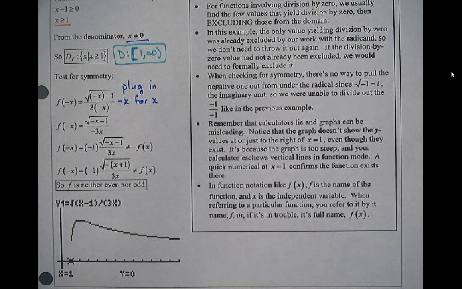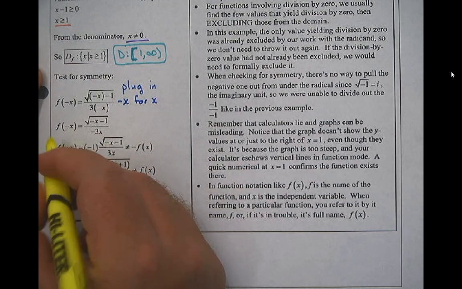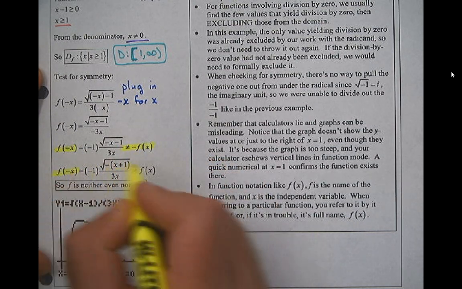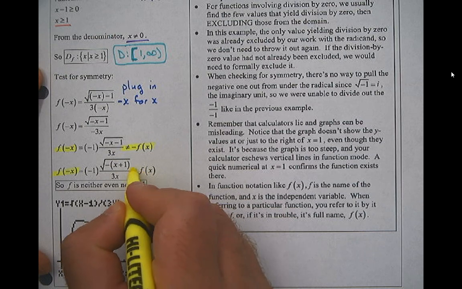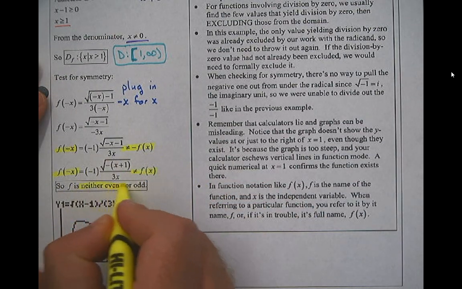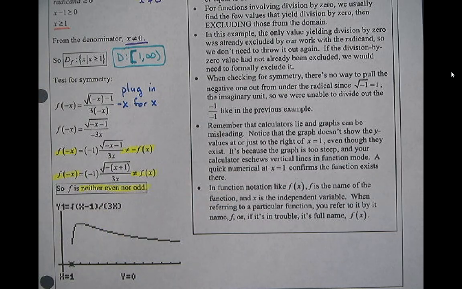So you have some stuff switching signs and some stuff not. Therefore, f of negative x is not negative f of x, and f of negative x is not equal to f of x. So this would be a neither. This is neither even nor odd, because some stuff switched and some stuff didn't.